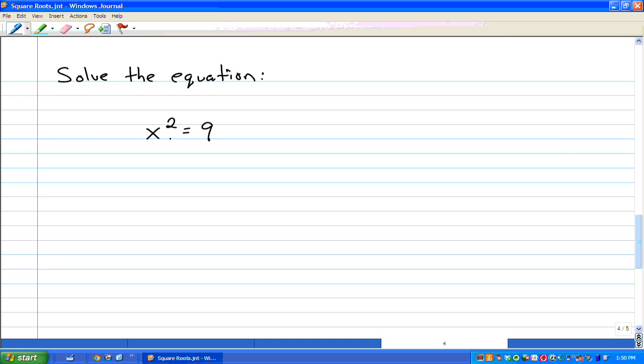So if I have x squared and I want to know what is x, I would take the square root of both sides. Remember that x squared is the same thing as x times x. So what number would, or what value would x be?